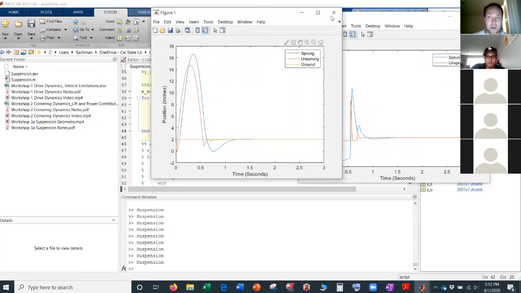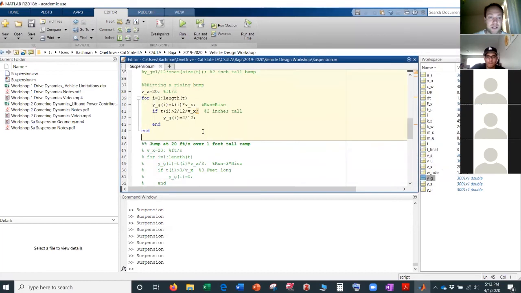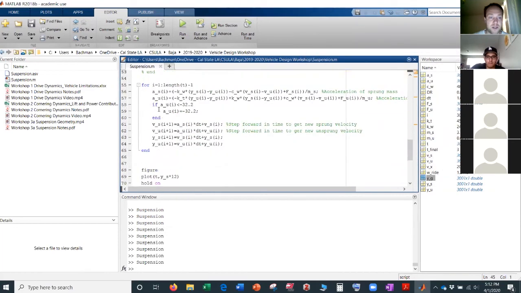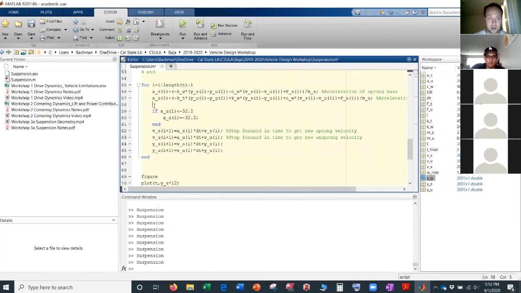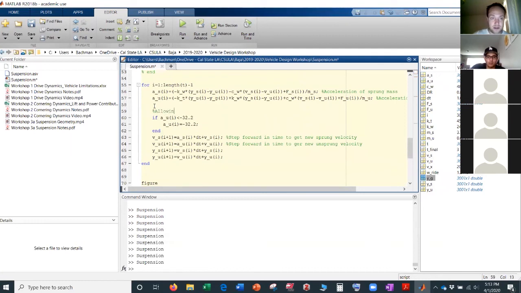It's sending it up and off. So let's do this. Let's get rid of this part that allows it to leave the ground.